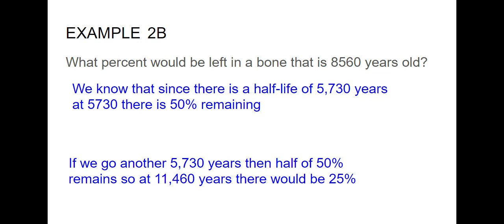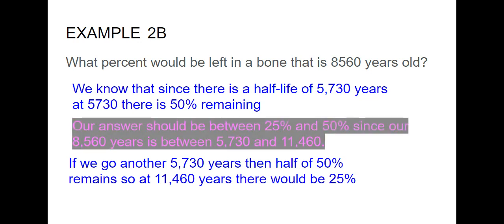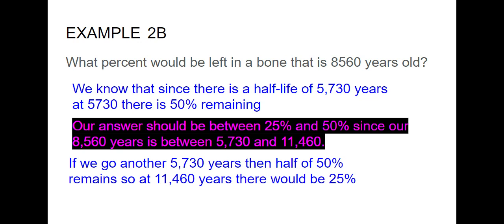Now, our answer should be somewhere in between 50% and 25% because 8,560 is between the 5,730 and the 11,460. So we would expect to see an answer between 25 and 50%.